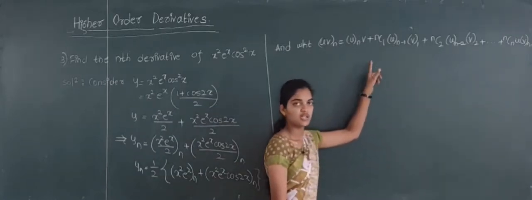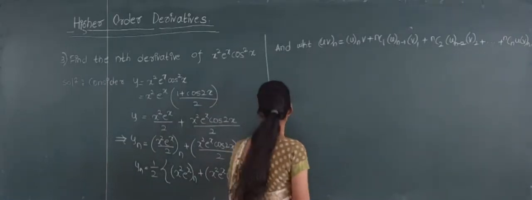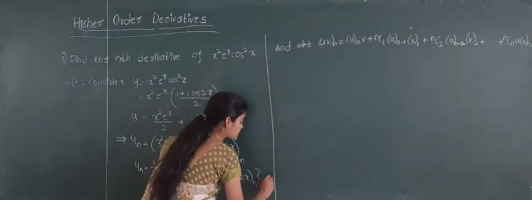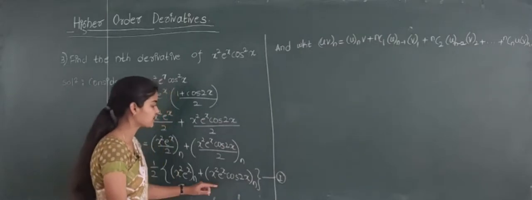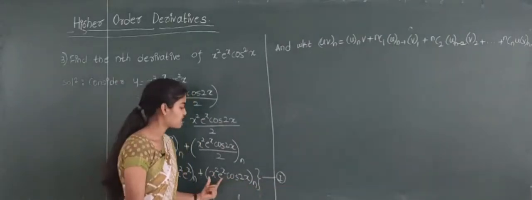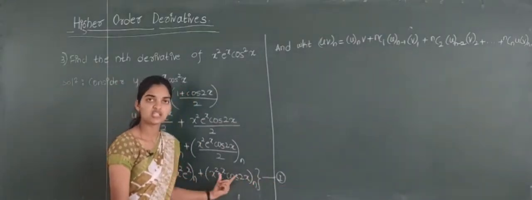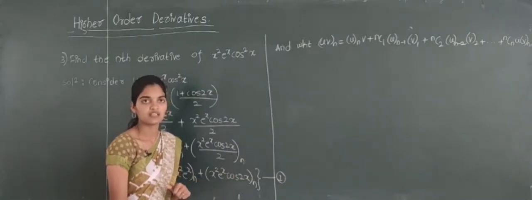This is our Leibniz theorem. So whatever equation we have got here, I will make it equation number 1. Separately finding the answer and substituting in equation number 1, we will get the final solution.